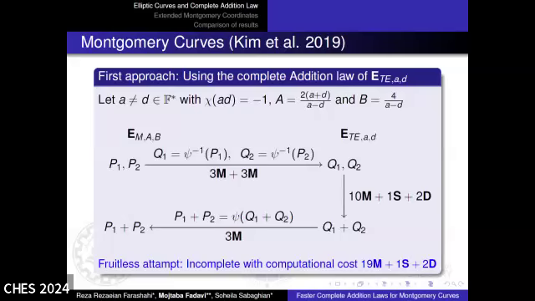I mean that we were trying to find a map between Montgomery curves and twisted Edwards curves such that we don't need any multiplication to transfer points between them.